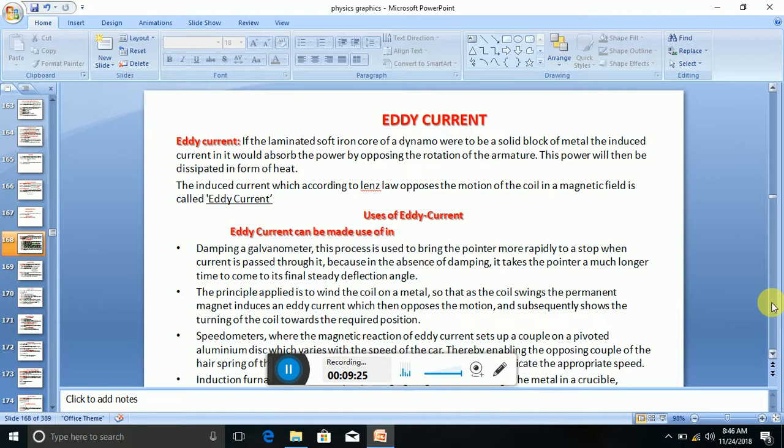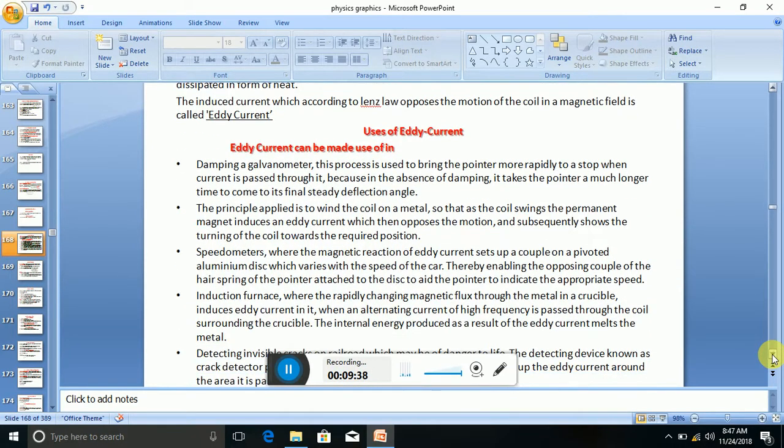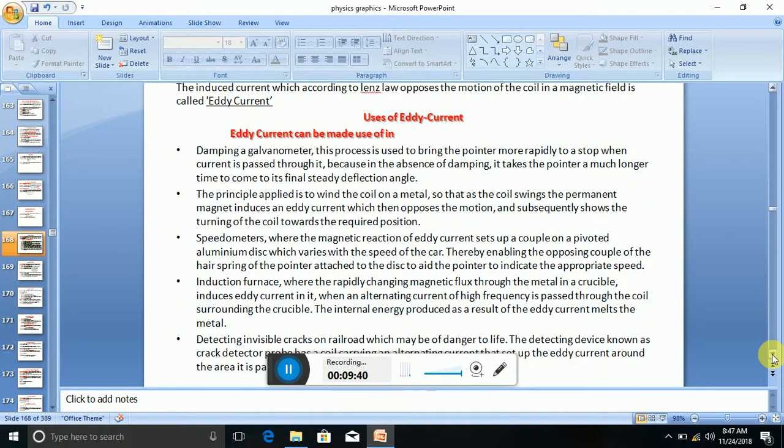It can also be used in speedometers, where the magnetic reaction of the eddy current sets up a couple on the pivoted aluminum disc which varies with the speed of the car, thereby enabling the opposing couple of the hairspring of the pointer attached to the disc to aid the pointer to indicate the appropriate speed.